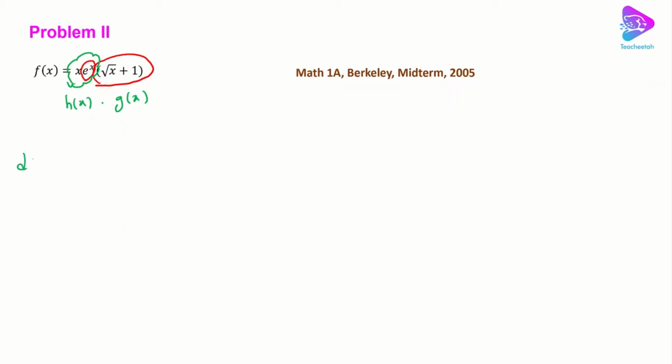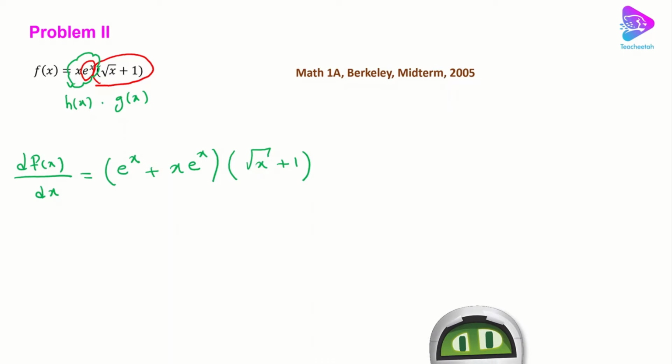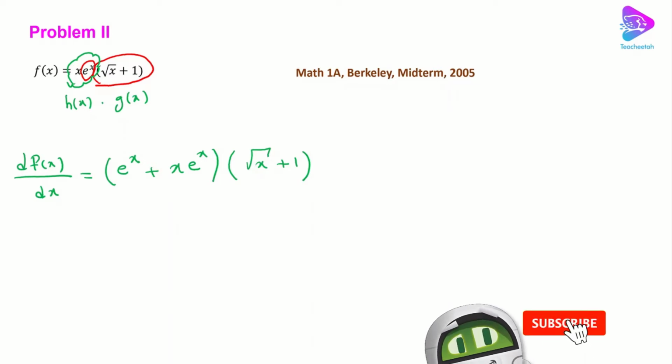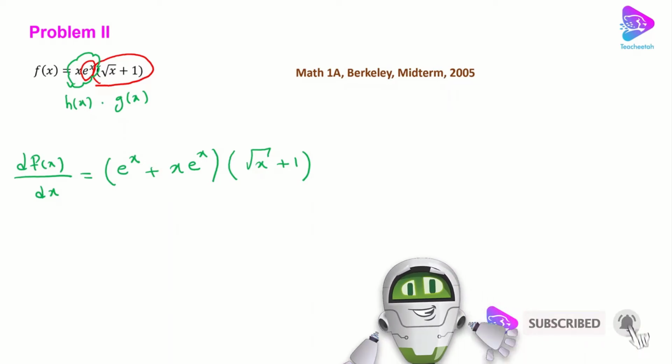Therefore df(x)/dx will be, for the first term, which is h(x), the derivative is going to be e to the power of x plus x e to the power of x, and we keep the second function as it is, which is square root of x plus 1. And now for the second term, which is square root of x plus 1, we have to take the derivative of that term.